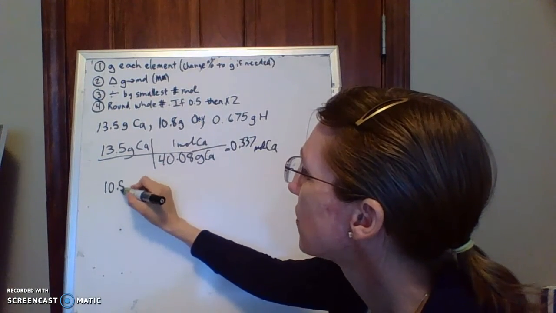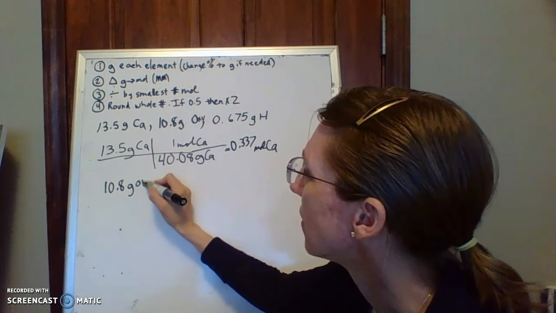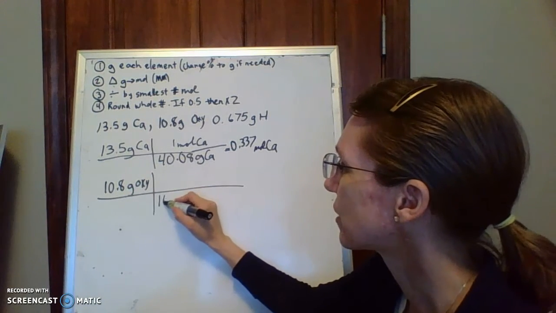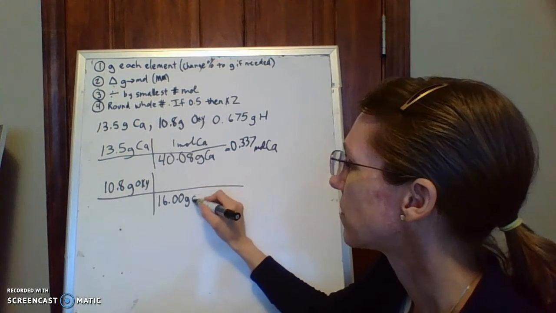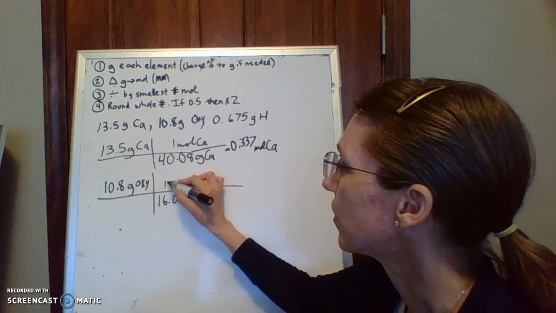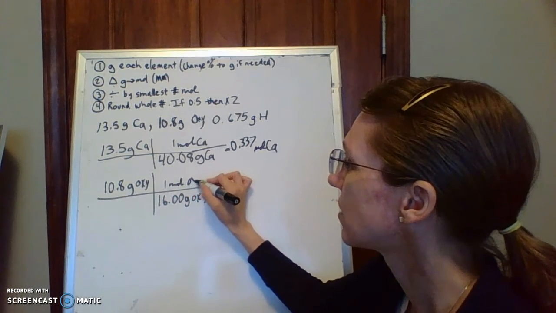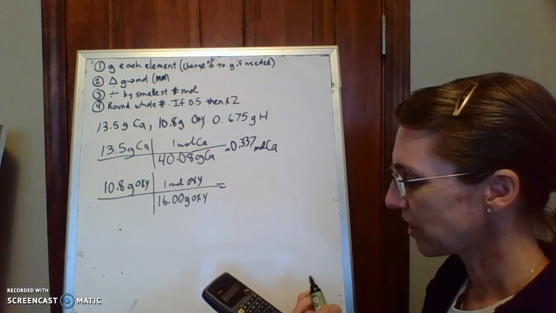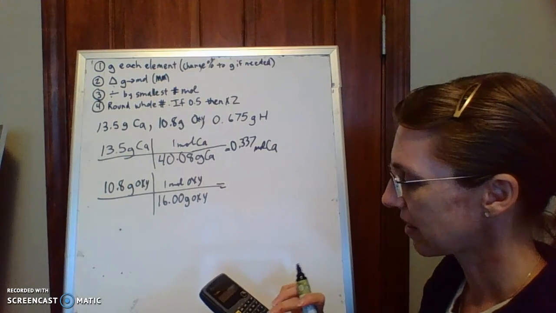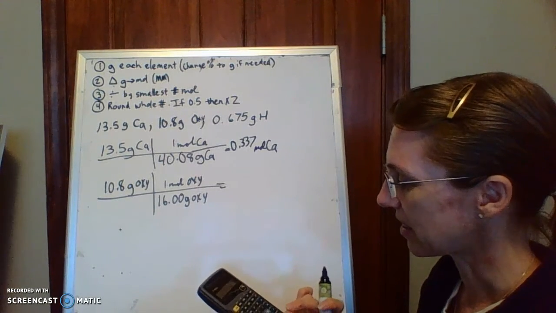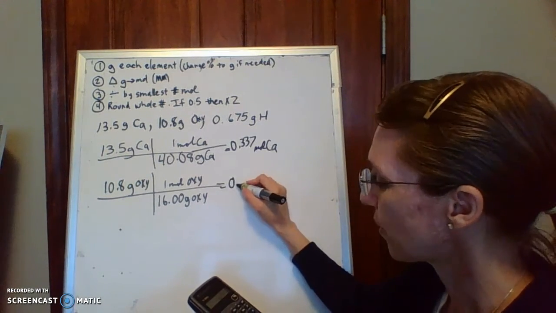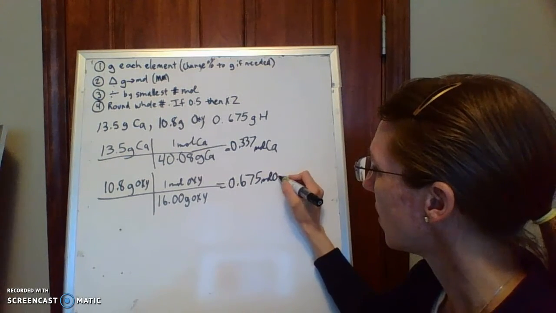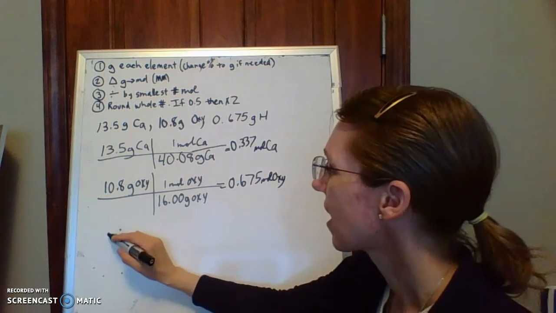Let's do the exact same thing for the next set of elements. We've got 10.8 grams of oxygen, and oxygen is 16.00 grams of oxygen per mole of oxygen. And so we do that calculation, 10.8 divided by 16, and we get 0.675 moles of oxygen.